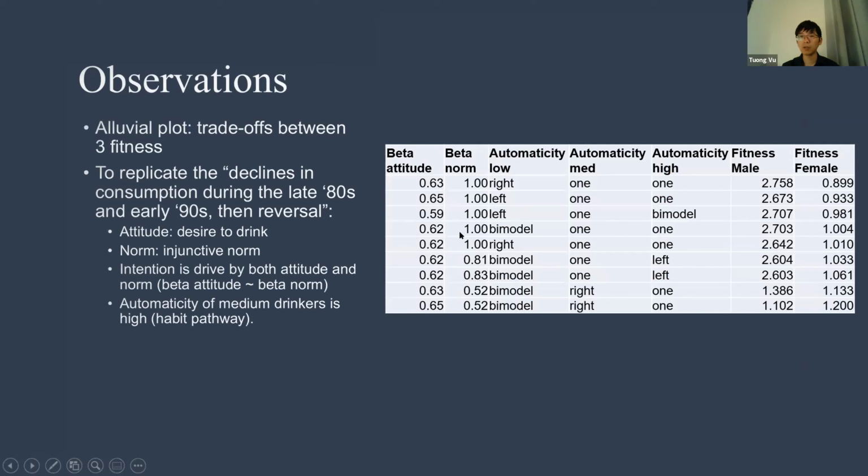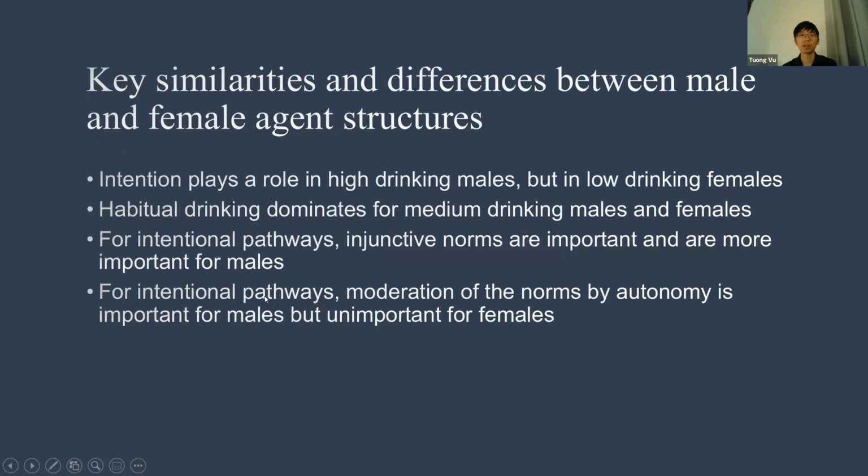Then I looked at all the structures that can actually replicate the phenomena we want. And I found they have the same log-odd attitude and log-odd norms. The intention is driven by both. If you look at the beta attitude and beta norm, they are similar and quite balanced. And the automaticity of the medium drinkers is always high, either one or right.